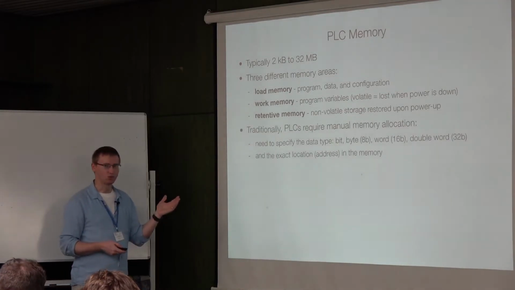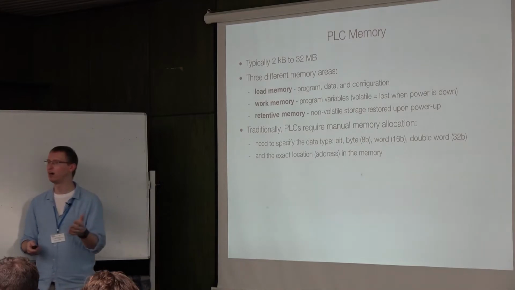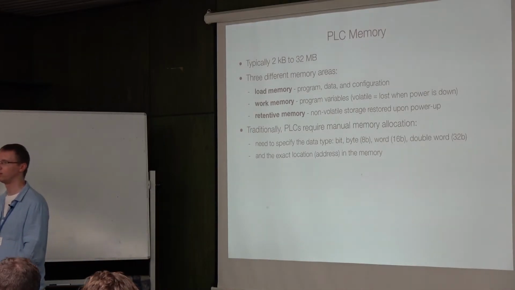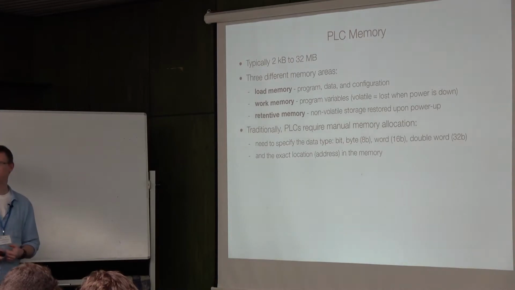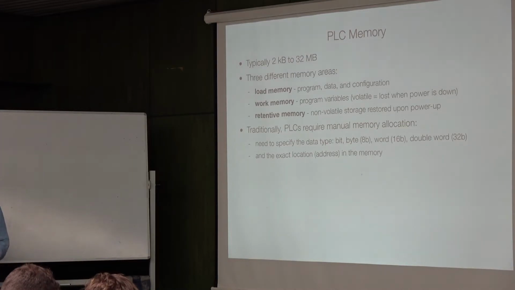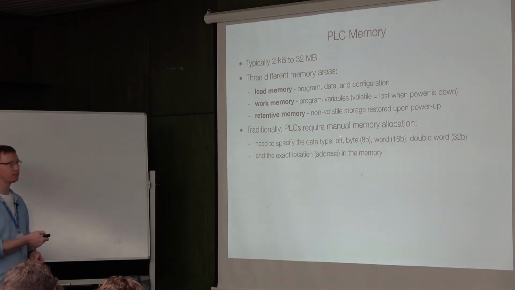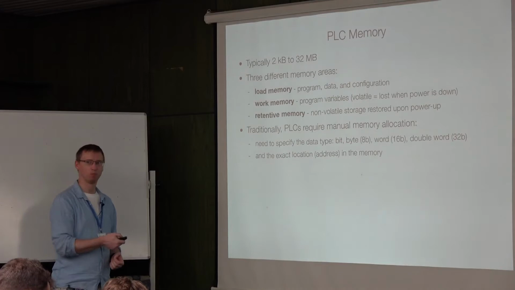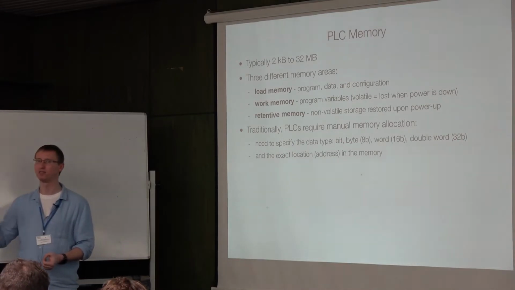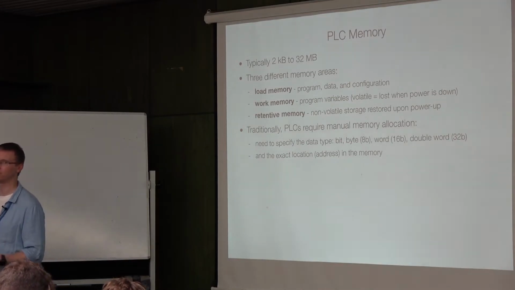And as I said, traditionally, PLCs require manual allocation of the memory, which means that first of all, we have to find the appropriate data type. And we can talk bits, we can talk bytes, words or double words, and the double words can both mean long integers as well as floating point numbers in the single precision arrangement.